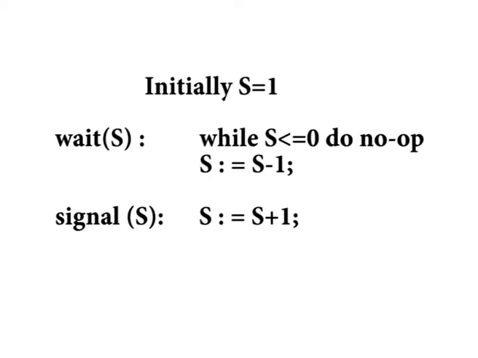Now in the meantime, if any other process wants to enter its critical section, that process executes the wait operation. Every time the condition in the wait operation becomes true, and the processes are looped in a no-operation loop. When a process exits the critical section, it executes signal. If there are waiting processes, one of them will be released and this released process enters the critical section.